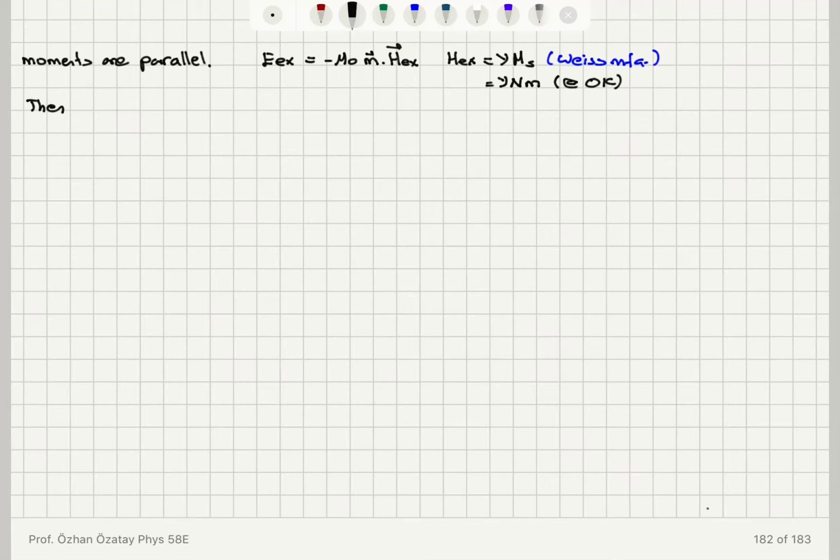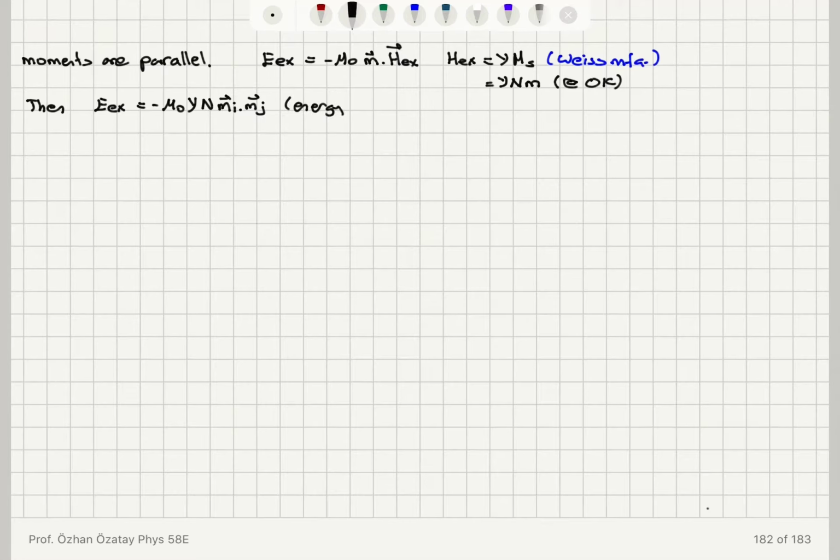Then we can write the exchange energy between neighboring moments as minus mu zero gamma times n m_i dot m_j, where we're basically looking at the energy per moment.